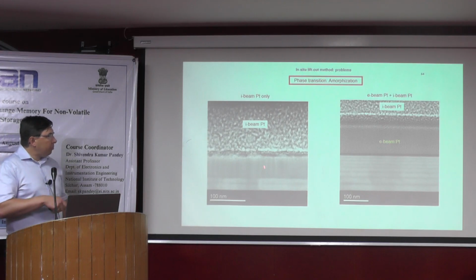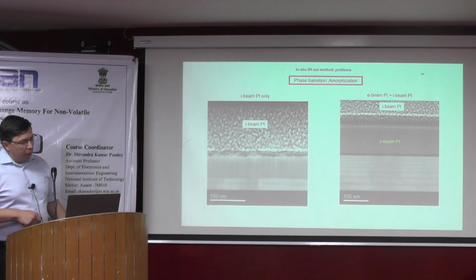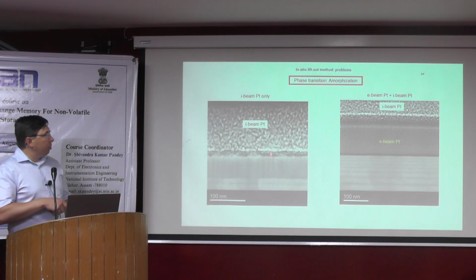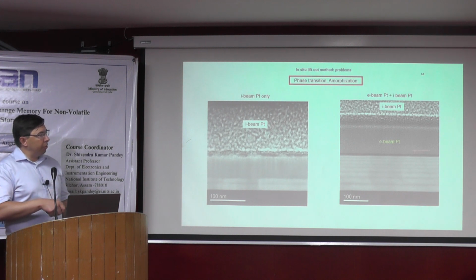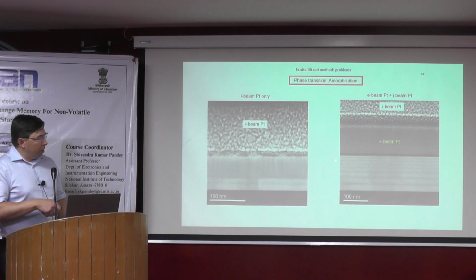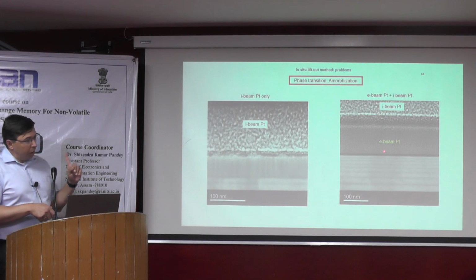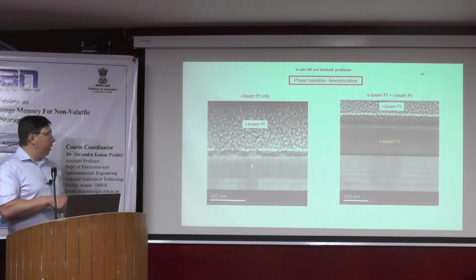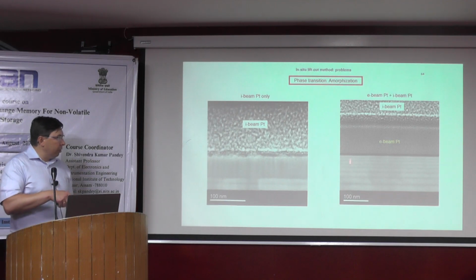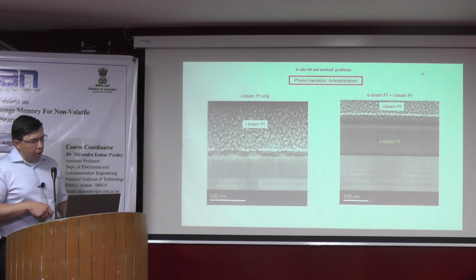But if you use the ion beam with a high beam current, the ions can come through all this protective layer of titanium oxide, aluminum oxide. It was only about 10 nanometers, and even for 10 nanometers the ions go through this protective layer and then amorphize your structure.